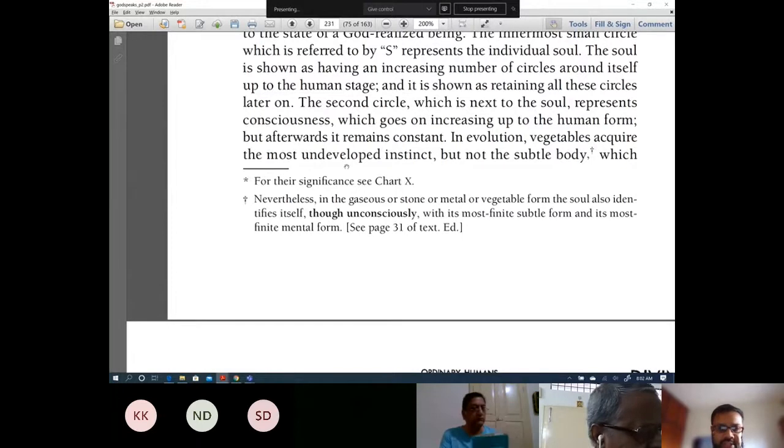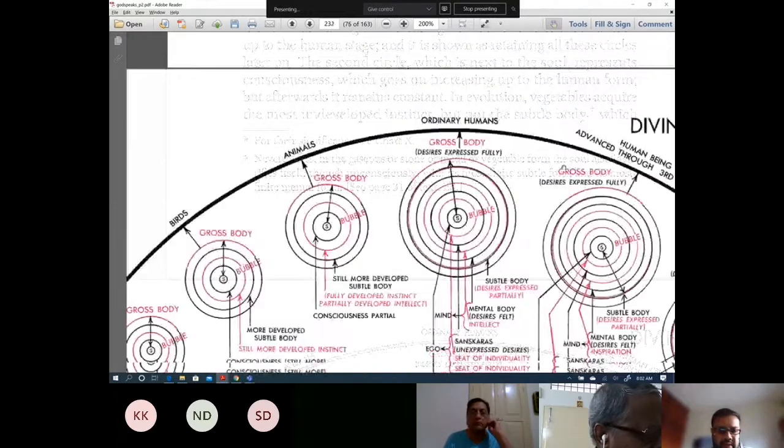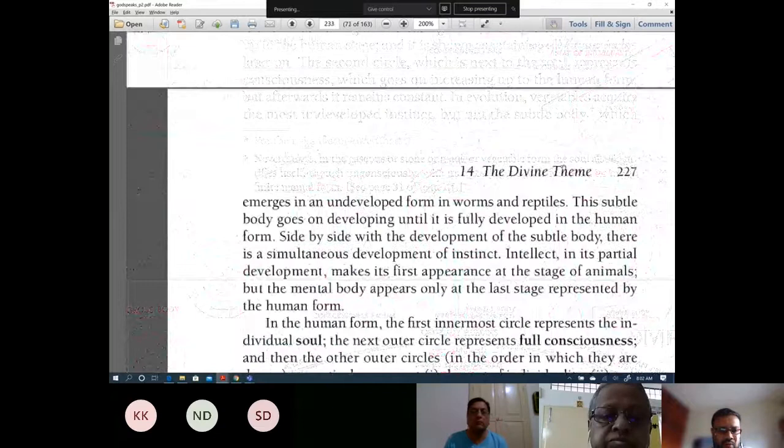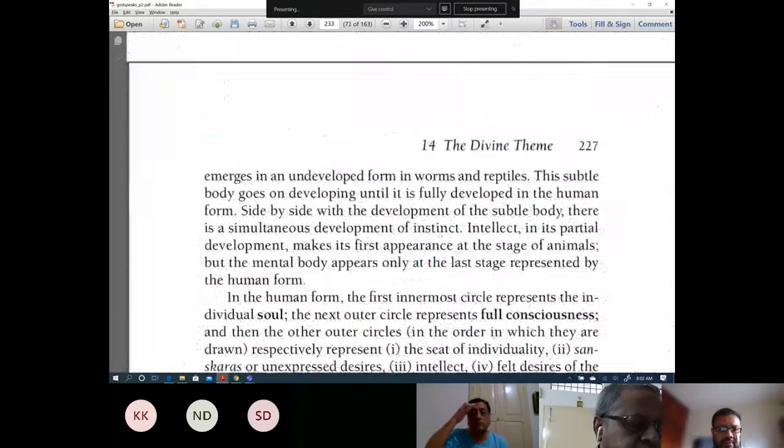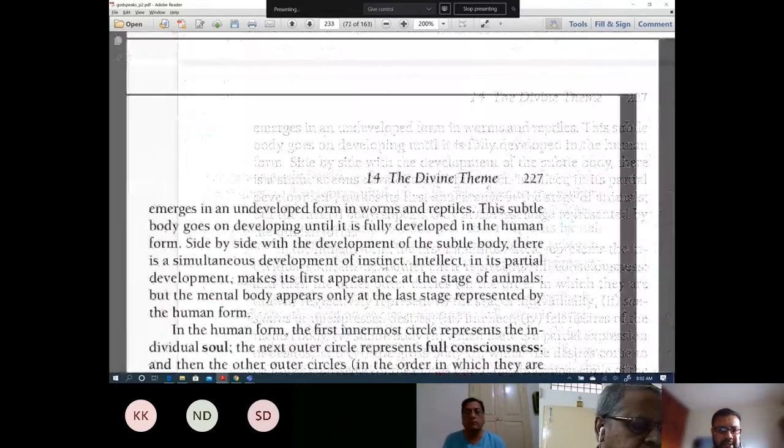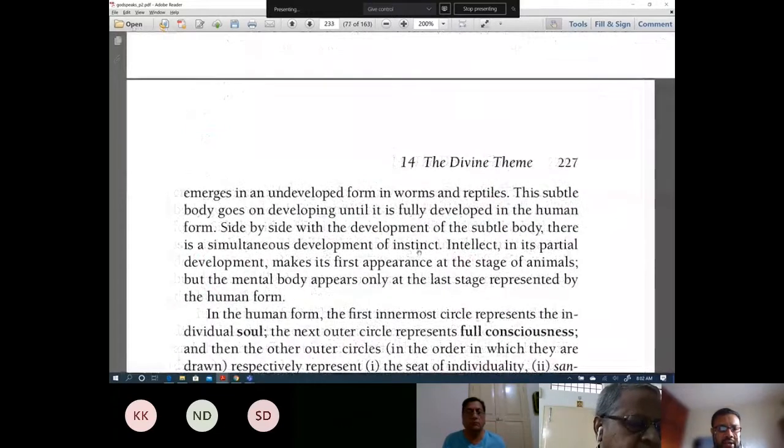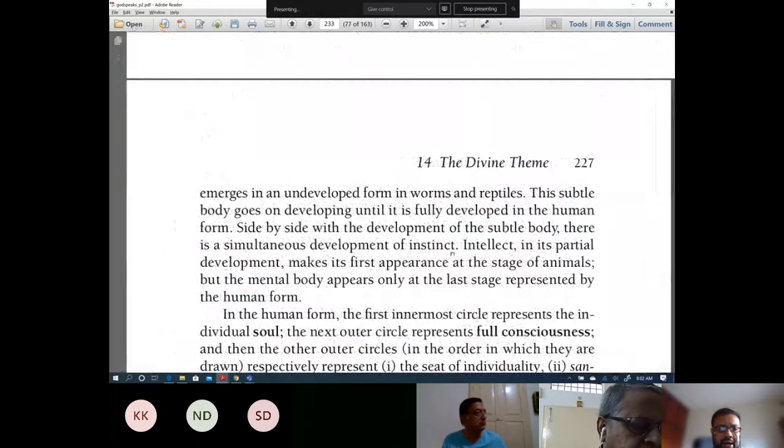In evolution, vegetables acquire most undeveloped instinct, but not the subtle body, which emerges in an undeveloped form in worms and reptiles. This subtle body goes on developing until it is fully developed in the human form.